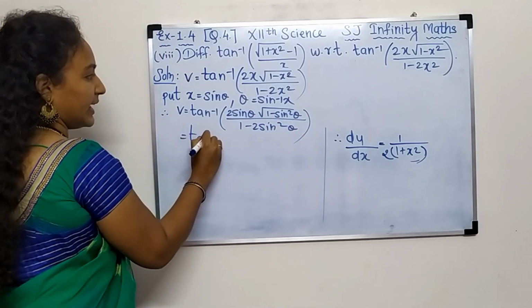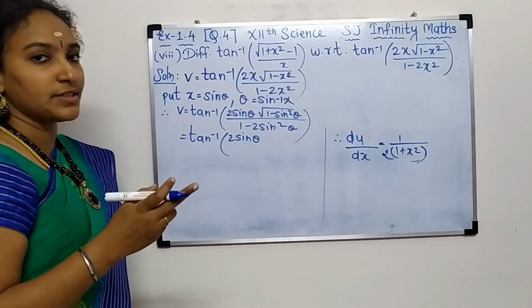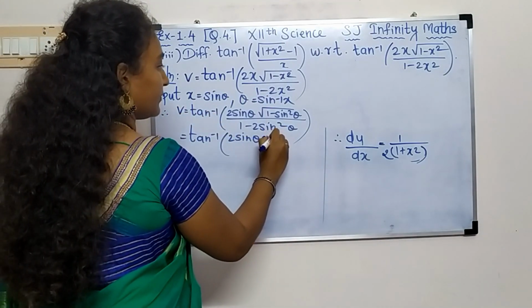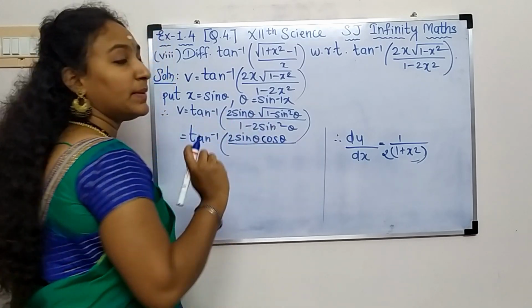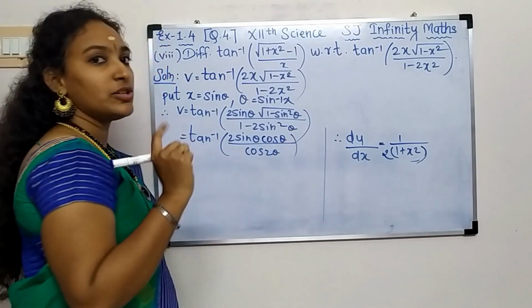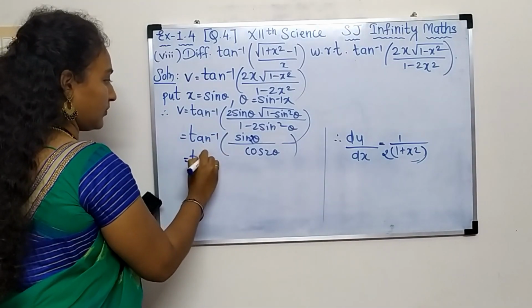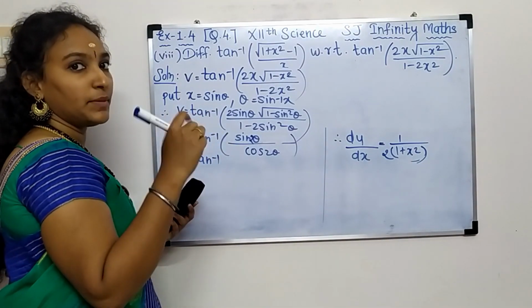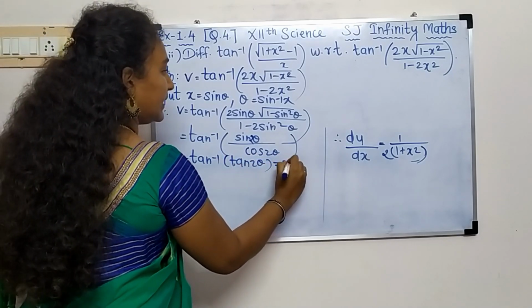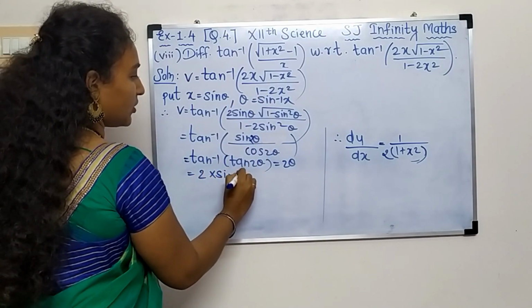So this is equal to tan inverse 2 sin theta. See, 1 minus sin square theta is cos square theta and root of cos square theta is cos theta upon 1 minus 2 sin square theta, which is cos 2 theta. And also we know that 2 sin theta cos theta is sin 2 theta. So now sin 2 theta upon cos 2 theta will become tan 2 theta, so v is 2 theta, which is 2 into theta, that is sin inverse of x.